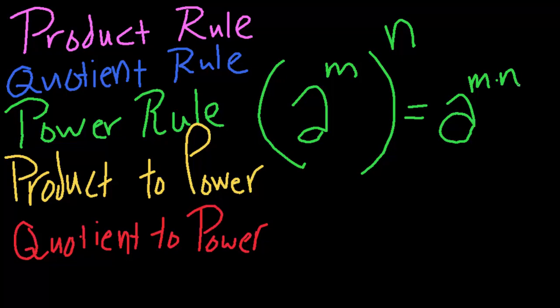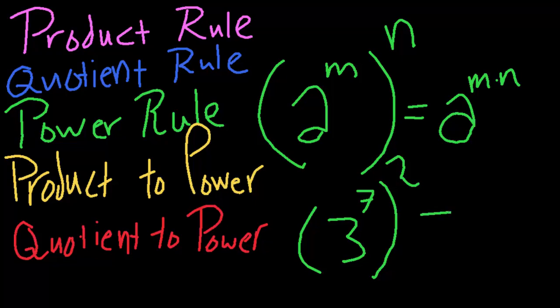Okay, so if I did 3 to the power of 7 to the power of 2, what are we going to do? Easy fix, guys. We're going to do 3 to the power of 7 times 2, which will just equal 3 to the power of 14. Okay, so that's all you need to know for the power rule.